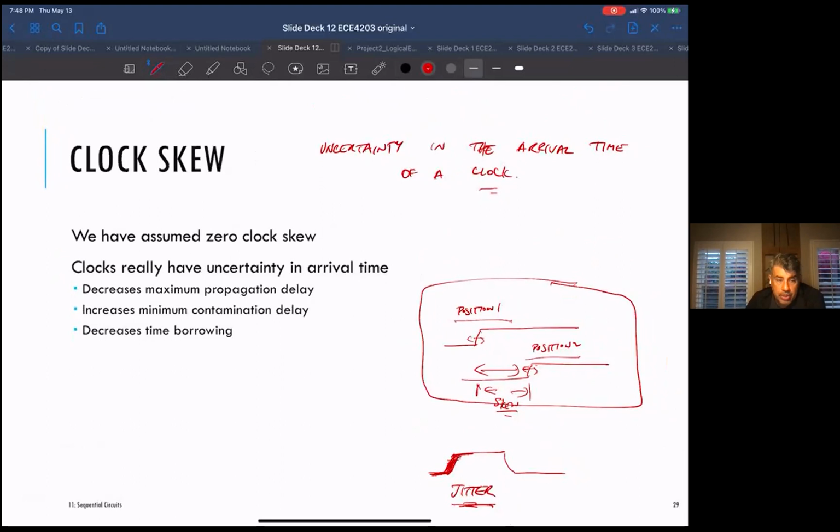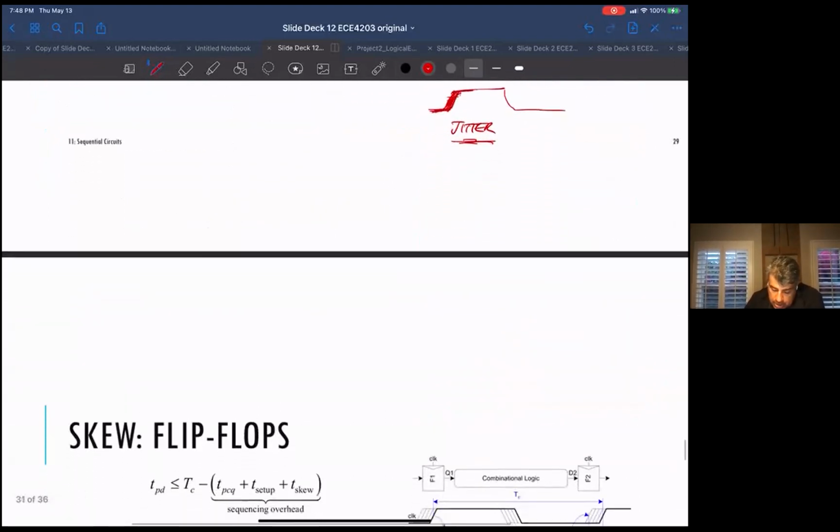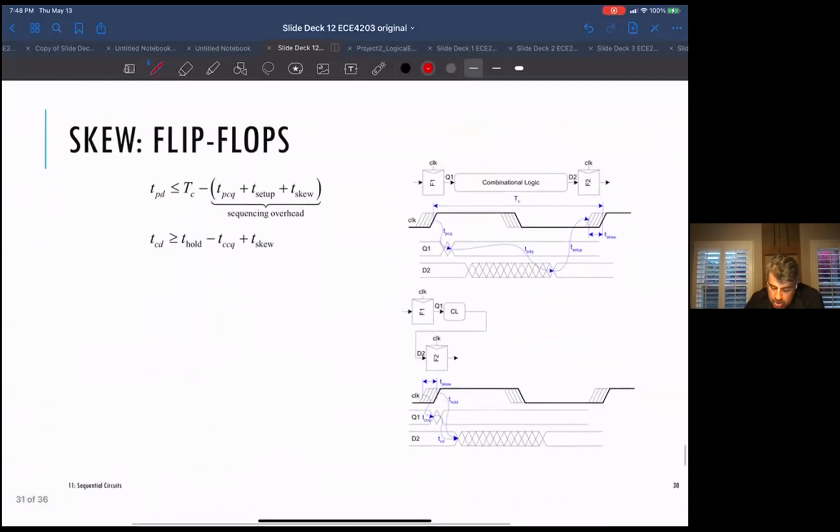So this clock skew is this uncertainty you get because not all your flip-flops see the clock edge at the same time. That uncertainty has to get added to your budget, meaning that the maximum amount of time, the prop delay that you can have in your flip-flop circuits, you have to add the maximum skew that you're allowing to that.